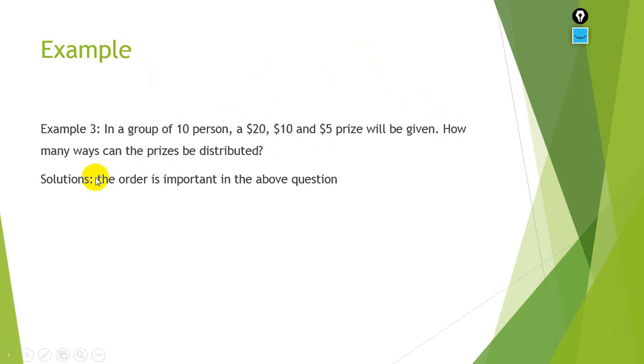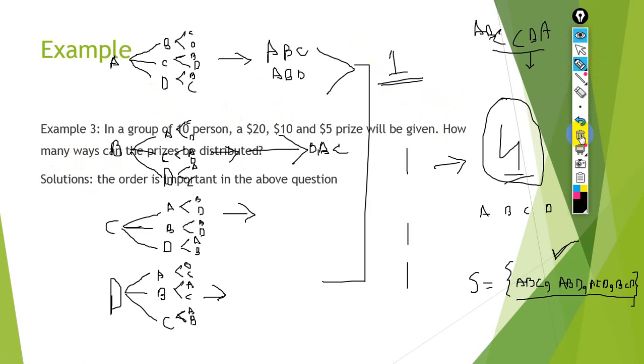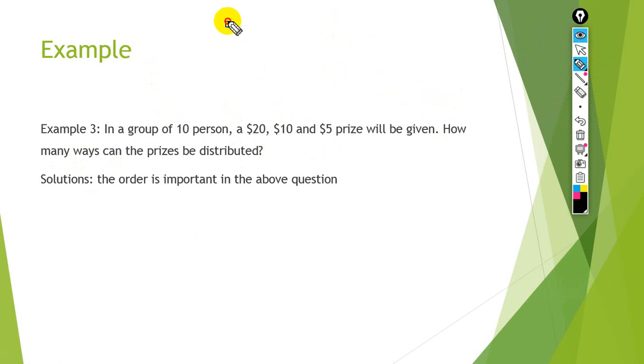For example, we have 10 persons: 1, 2, 3, 4, 5, 6, 7, 8, 9, 10, and we want to distribute 3 prizes.